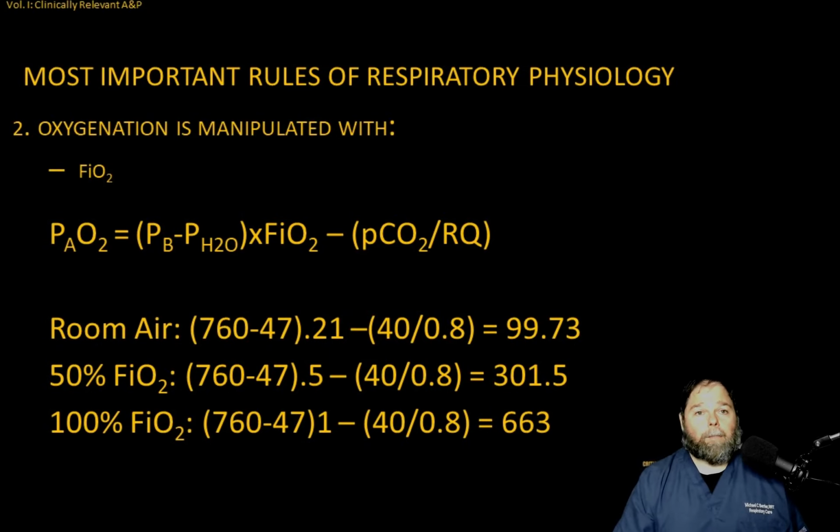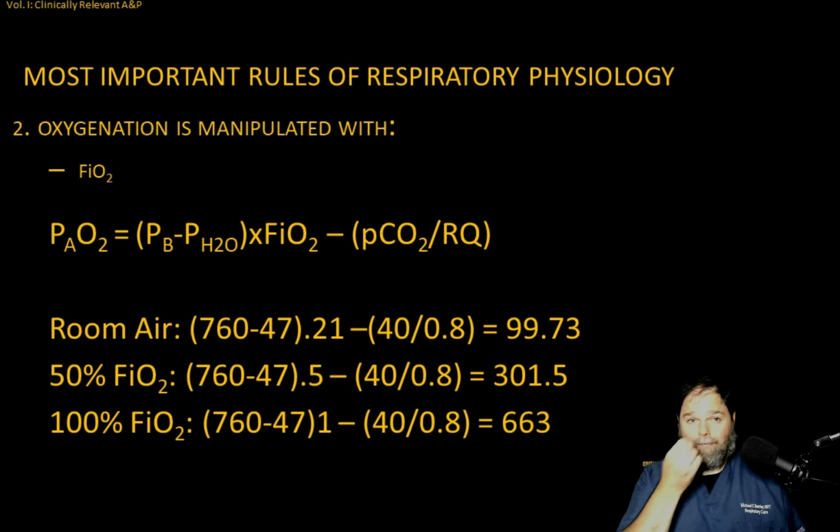So the barometric pressure is just exactly what it sounds like. It's the barometric pressure in millimeters of mercury wherever you are. I happen to live at sea level, so that's what we're going to talk about. Normal sea level barometric pressure is 760 millimeters of mercury. The water vapor pressure is the same as we talked about earlier when we talked about body temperature, pressure, saturated.